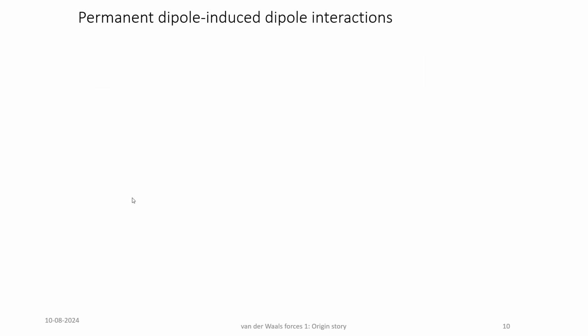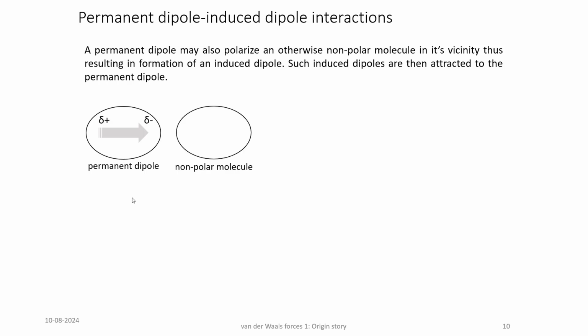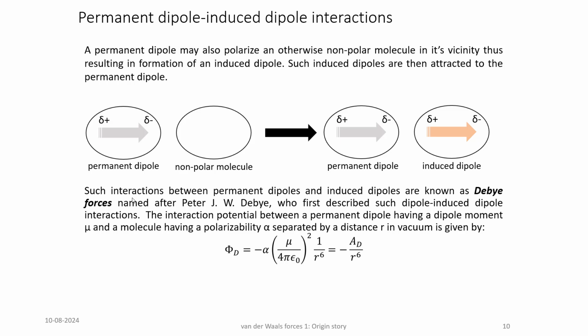Next comes the permanent dipole and induced dipole. Here we have a permanent dipole and a non-polar molecule, and because of the permanent dipole, charge is induced on the non-polar molecule, creating this sort of configuration.